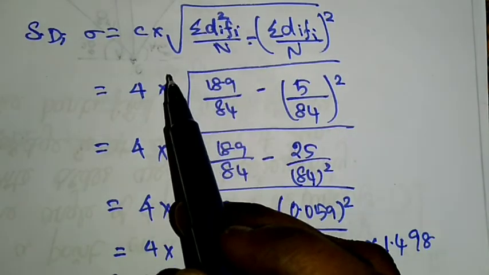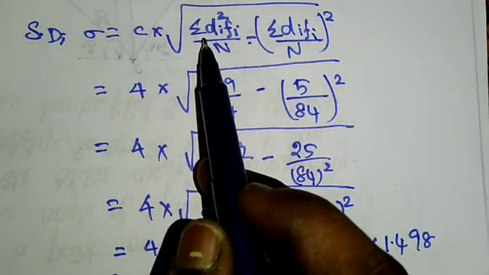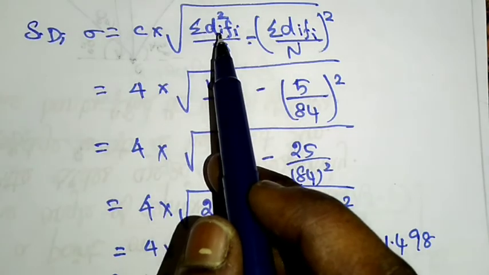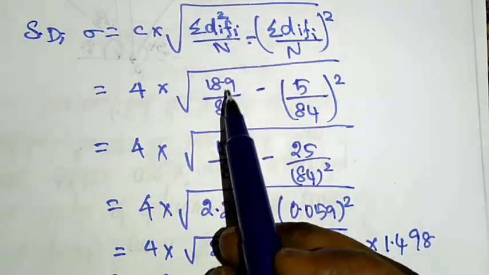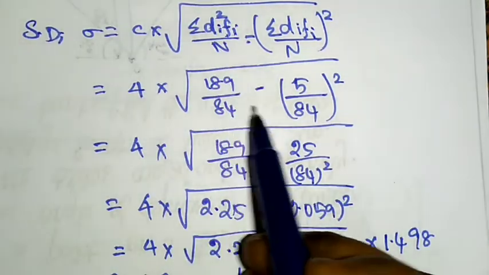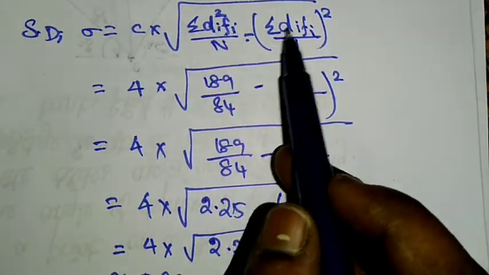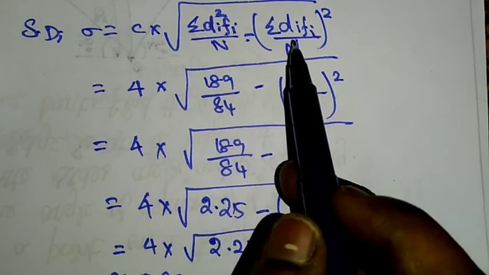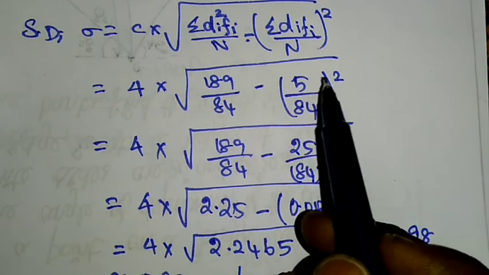Here C value is 4. We know that summation of fi into di square is equal to 189 divided by the number of plates 84, minus summation fi di is 5 divided by the number of plates 84, the whole square.